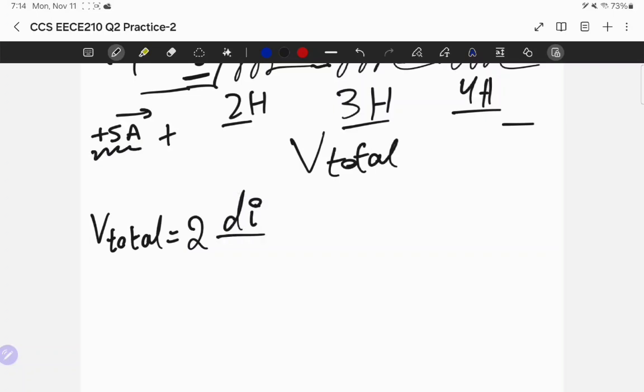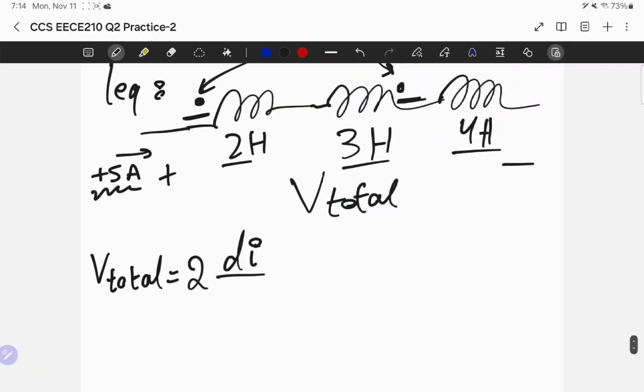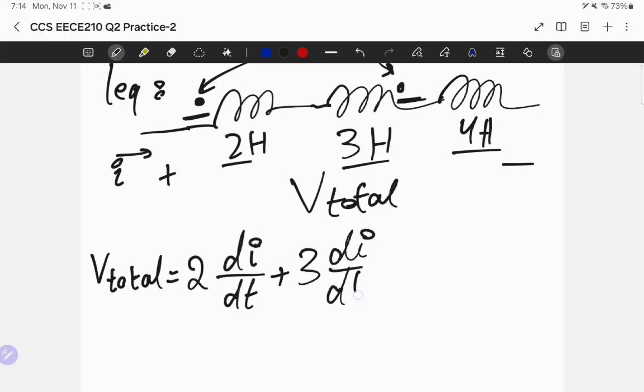Not really, I'm considering when I is variable, so not really a constant. So I'm not saying d constant by dt, which is 0. Let's keep it general and let I equal 5. But the general direction, so maybe I should change this. The general direction of I is this. So the positive I in this direction, so like this, plus 3 di by dt plus 4 di by dt.